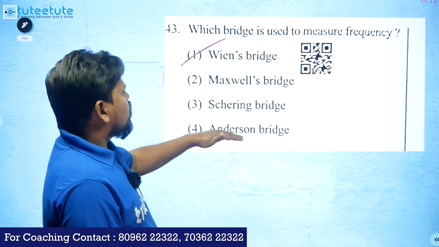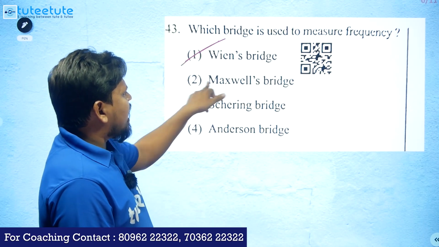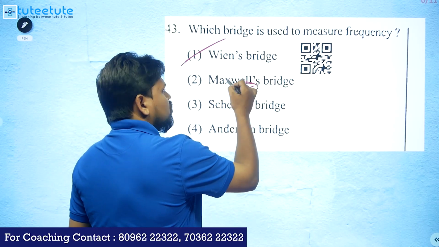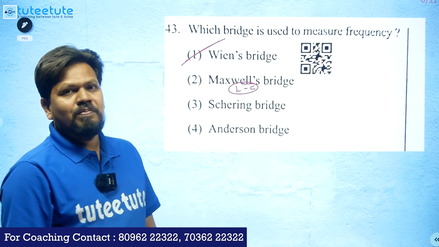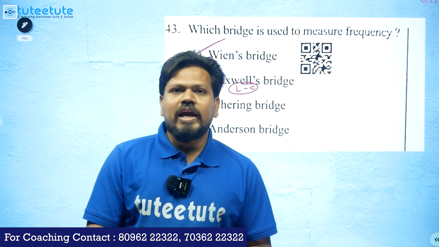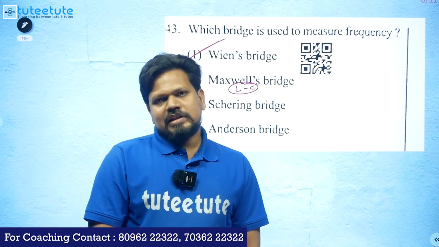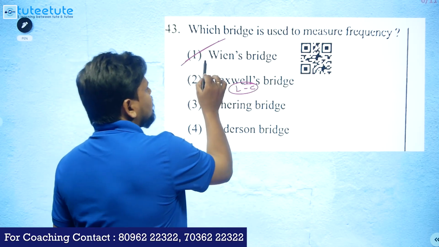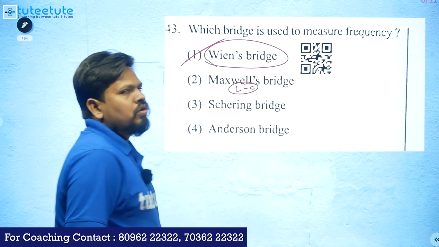Using Maxwell's inductance capacitance bridge we can measure frequency, but it will take more time to get the bridge balance condition. That's why we don't prefer it. Wien's bridge is perfectly designed for frequency measurement.